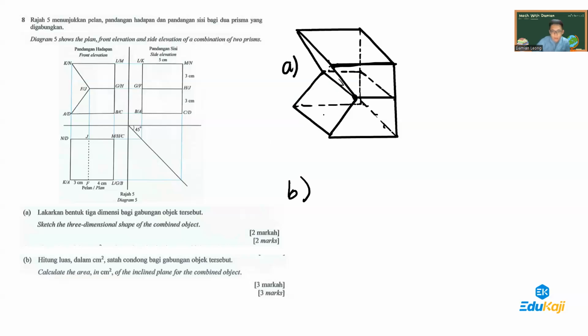So for the inclined plane, I have here 5 cm, here 3 cm. Actually, wait, no, this is not 5 cm. This is 7 cm. Here is 5 cm.